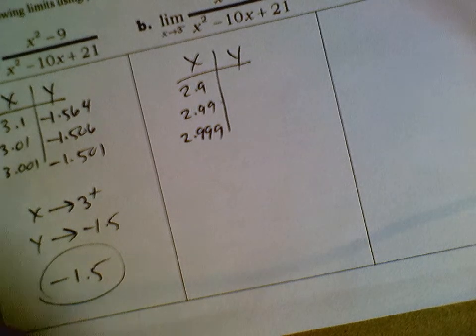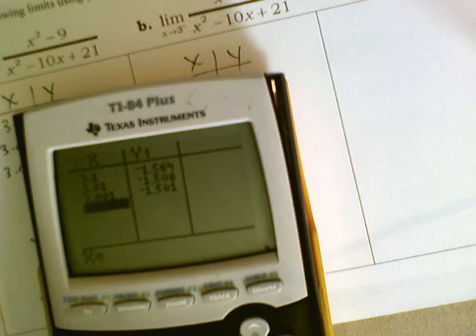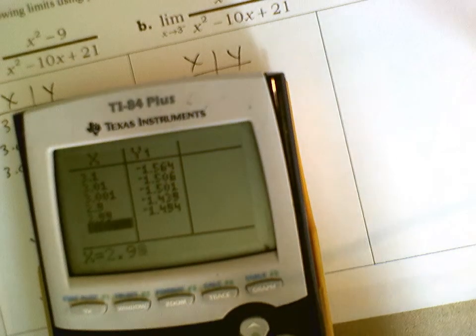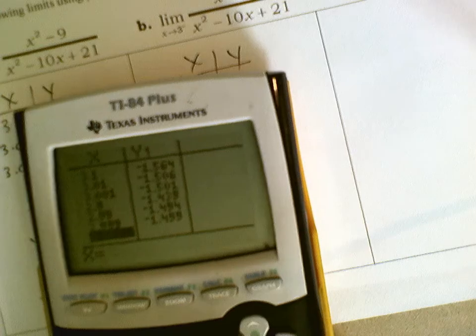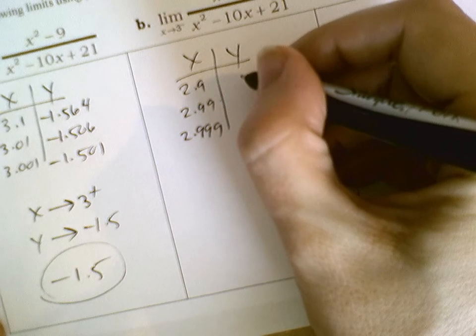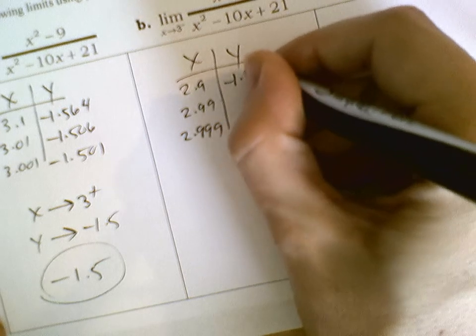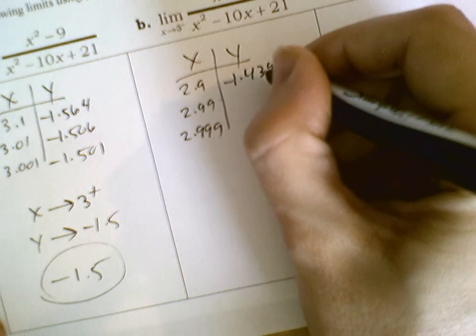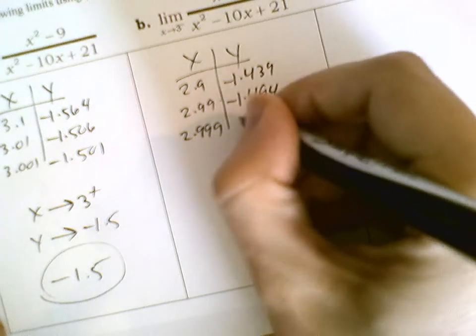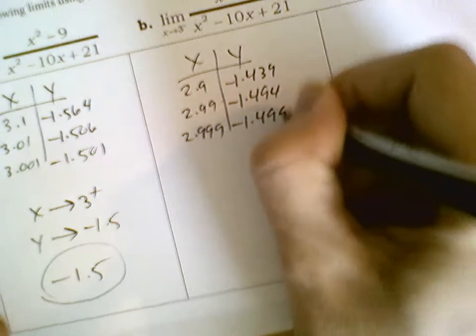Okay, now from the left, 2.9, 2.99, 2.999. All right, I'm going to write those values in. 2.9, negative 1.439. 2.99, negative 1.494, negative 1.499.